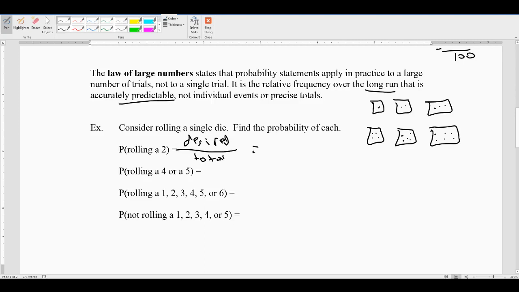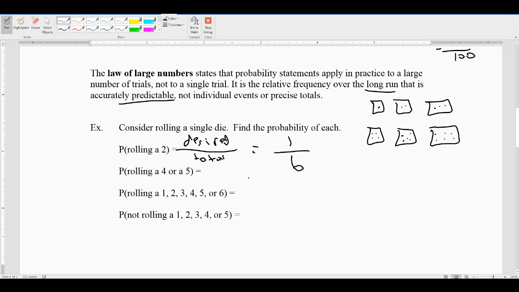So how many ways can you get a 2? Just that one. How many total outcomes are possible? 1, 2, 3, 4, 5, 6. There's 6 total. I got them all listed there.